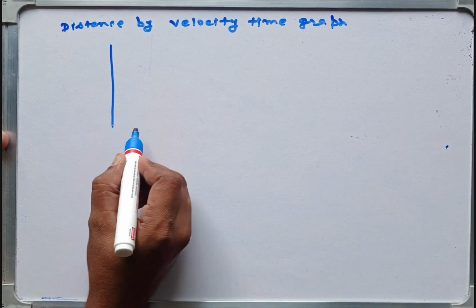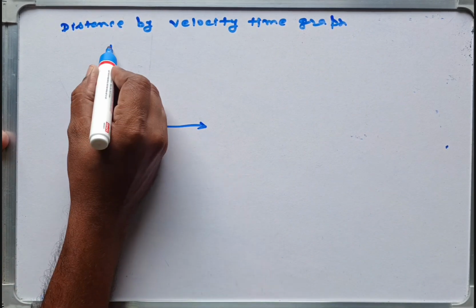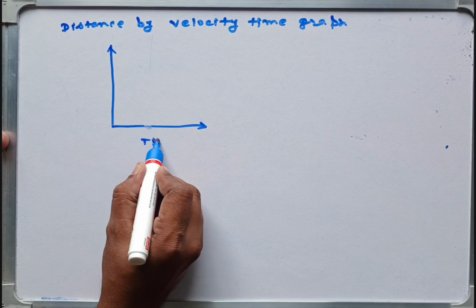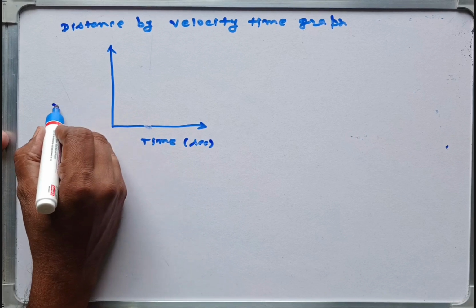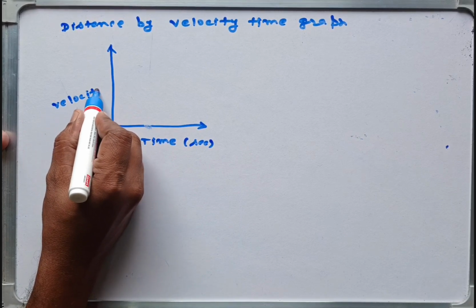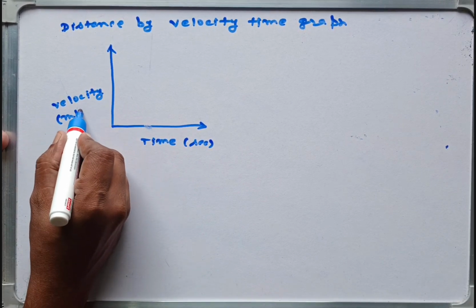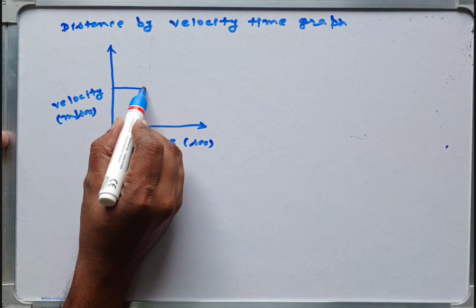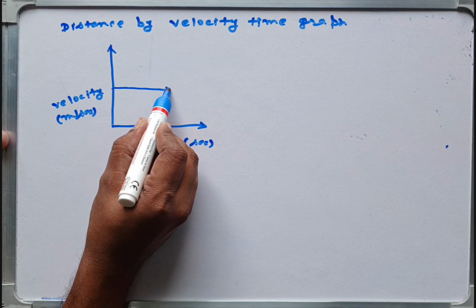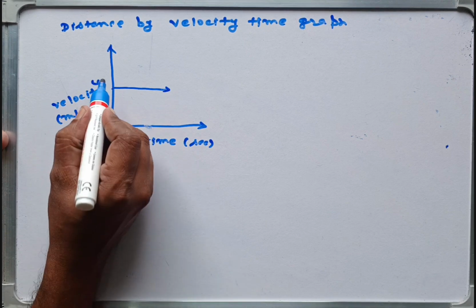Suppose this one is the time axis, time in seconds, and this one is velocity, in meter per second. Now suppose the motion of the object is constant, and say this is u.